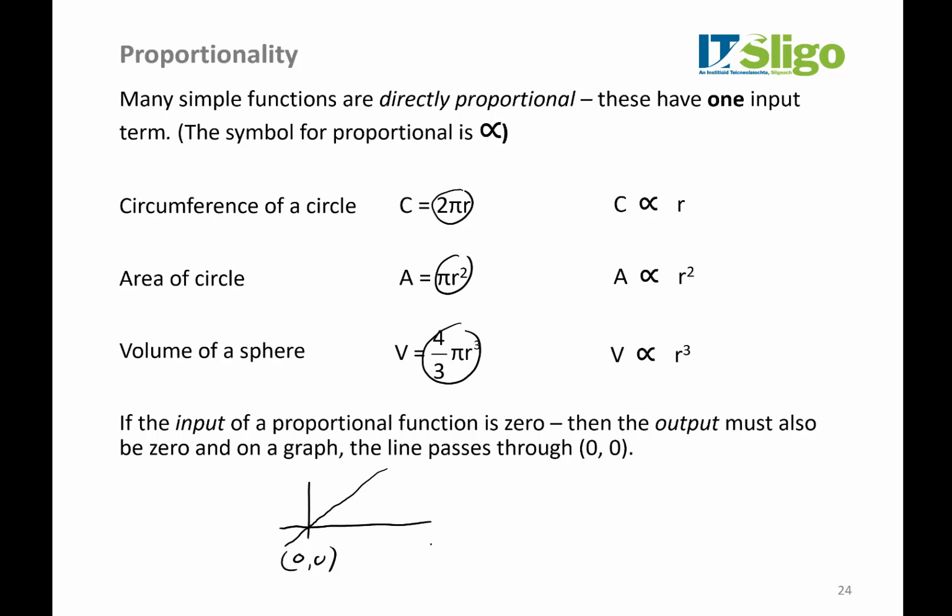We'll just say we make that r, and say this is obviously a straight line. So all the graph is saying is when the radius of a circle is 0, then the circumference is 0, which kind of makes sense. Same as the area of a circle is 0 if the radius is 0.